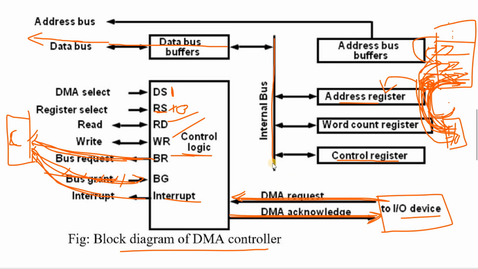That means the DMA controller has taken over complete control of all 3 buses. At that time the IO device understands that it is ready to transfer, because the DMA controller controls all the buses. This is the way we transfer data from IO devices to memory initially. If you want to transfer from memory to IO devices, memory to IO transfer is also possible. Thank you.